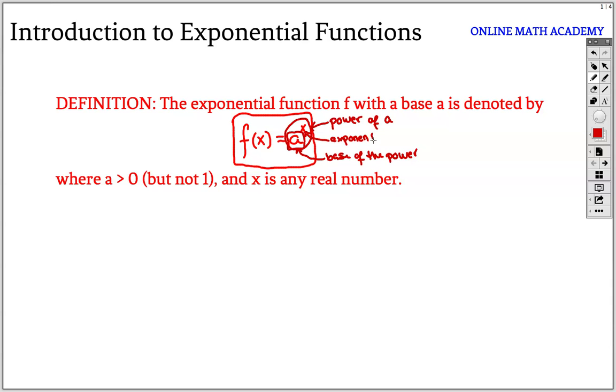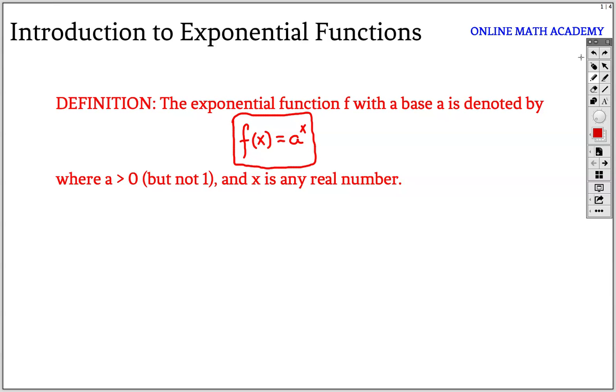So you have this power of a to the x, you have a base of a, and you have an exponent of x. Let me just clean it up here.